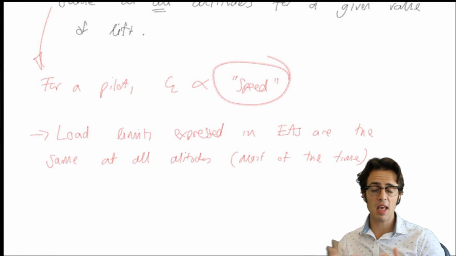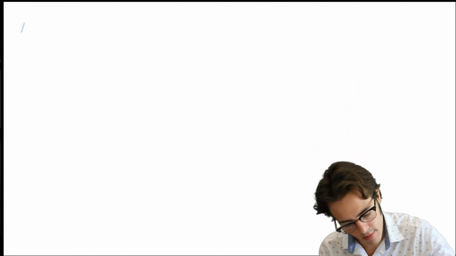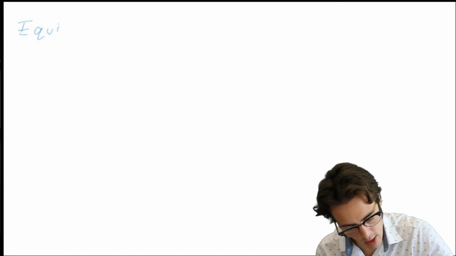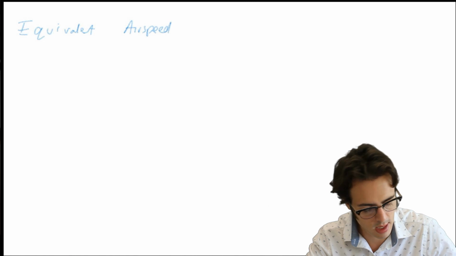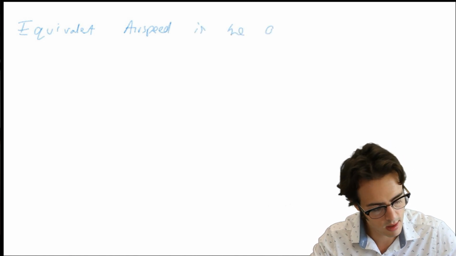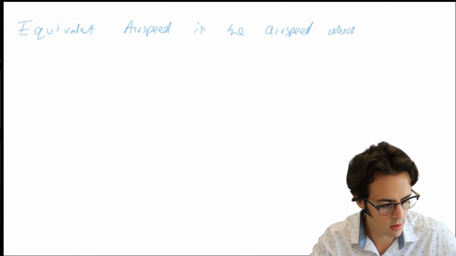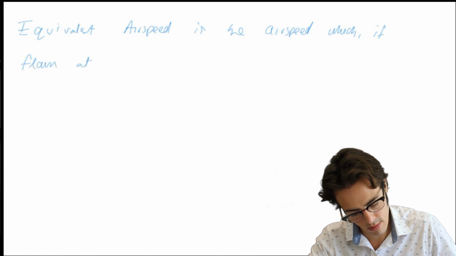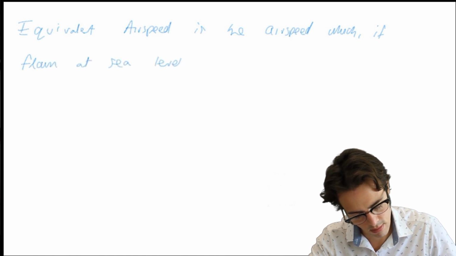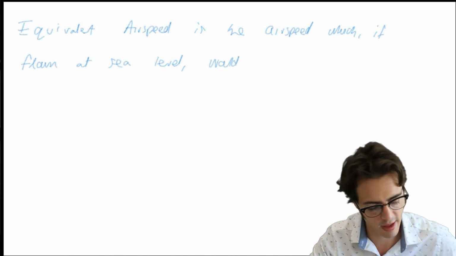So equivalent airspeed isn't the real airspeed the aircraft is flying at, but the way that we can talk about it, we can say: equivalent airspeed is the airspeed which, if flown at sea level, would produce the same aerodynamic loads as the current true airspeed at altitude.